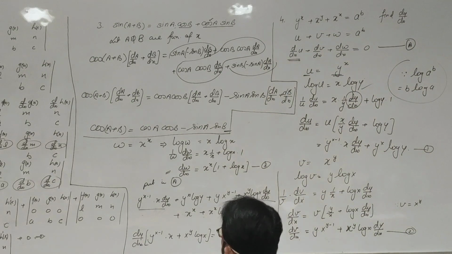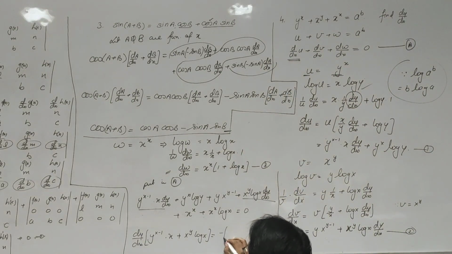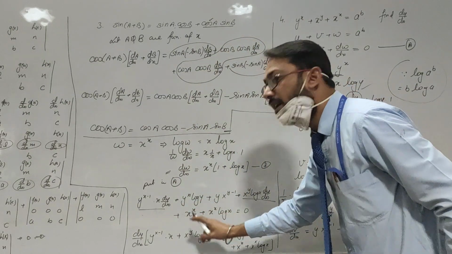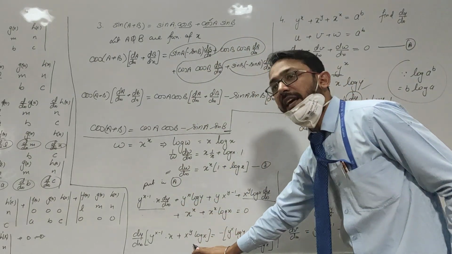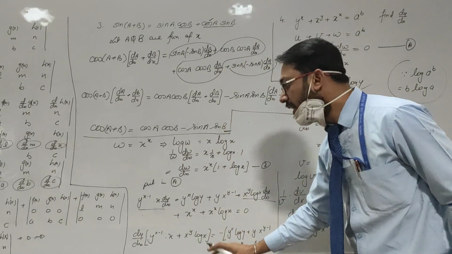So that will be minus y to the power x log y plus y x to the power y minus 1 plus x to the power x plus x to the power x log x. Now dy upon dx will be this upon this. That will be the final answer.